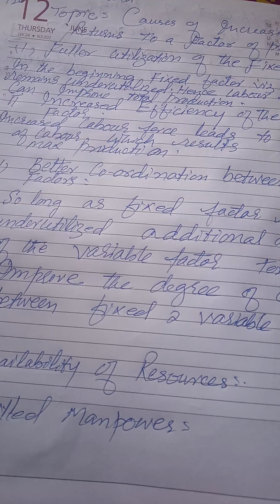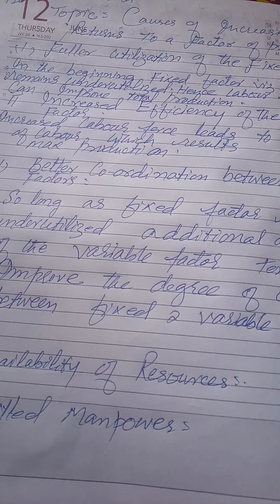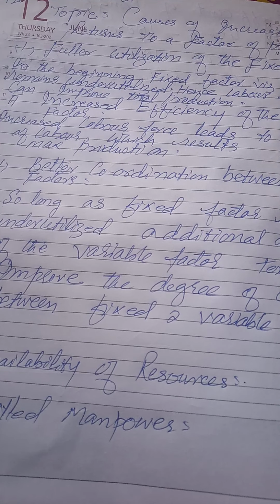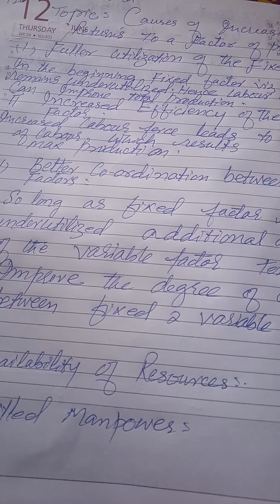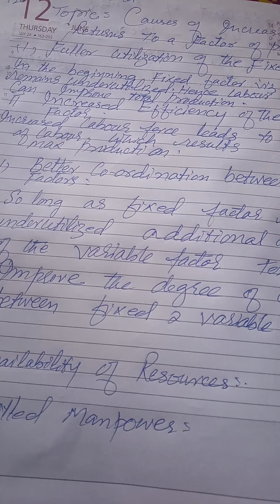So far as the causes of increasing returns to a factor of production are concerned, they have been categorized under five headings. First is fuller utilization, or optimal utilization, of the fixed factor of production. Second, better coordination between the factors of production.